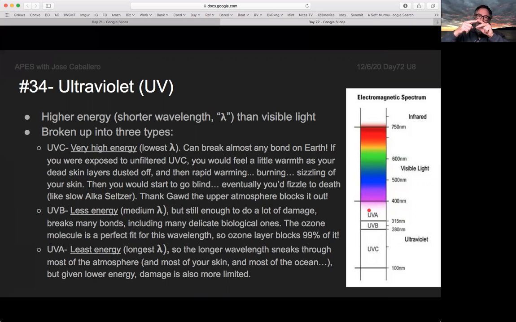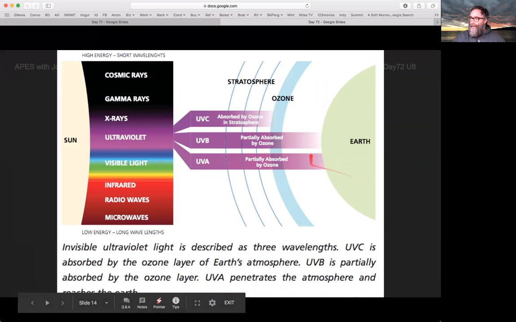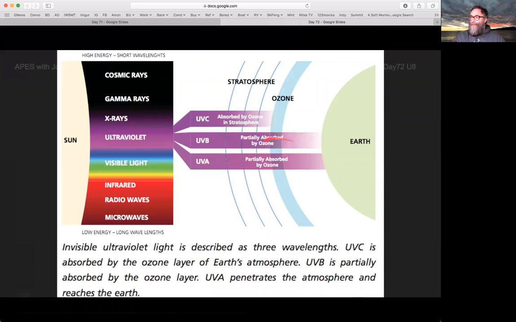The distance is perfect to block UVB. The ozone layer blocks 99%. A teeny bit of UVB hits the Earth, a very small amount, but most UVB is absorbed by ozone. It's almost all of it.